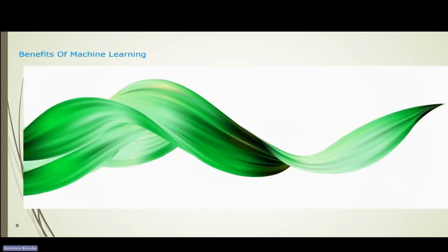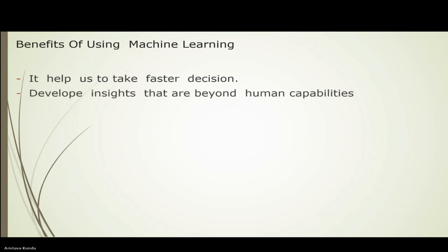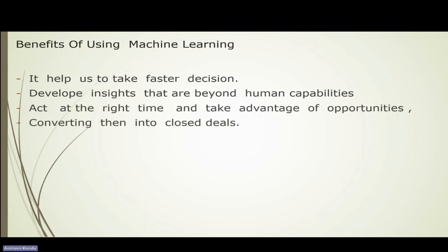Now, the point is, what are the benefits of machine learning? Using machine learning will help us to take faster decisions. Machine learning develops insights that are beyond human capabilities. It acts at the right time and takes advantage of opportunities, converting them into closed deals.